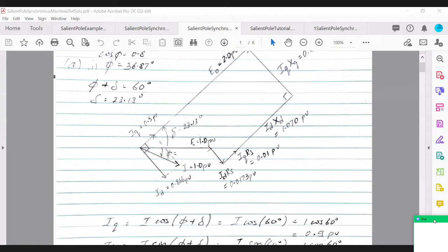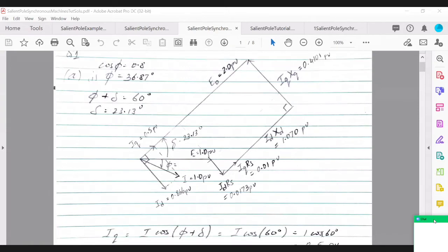As you can see, I've drawn the phasor diagram using the data provided. This was given: E naught is 2 per unit. What is important is the way you show the drop across the stator resistance. As you can see, I've resolved this drop into two components: one is the drop across the resistor due to the current ID, and the other is the drop across the resistance due to IQ.